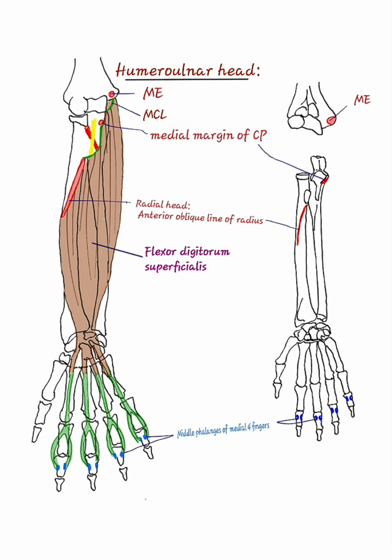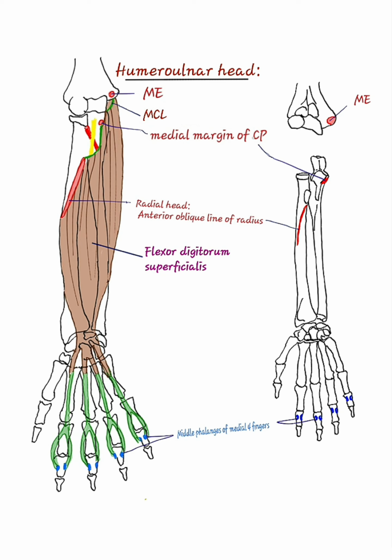Flexor digitorum superficialis, it is largest muscle of superficial flexor muscles of forearm. It arises by two heads, humero-ulnar head and radial head. Humero-ulnar head, it arises from medial epicondyle, medial collateral ligament, medial margin of coronoid process.